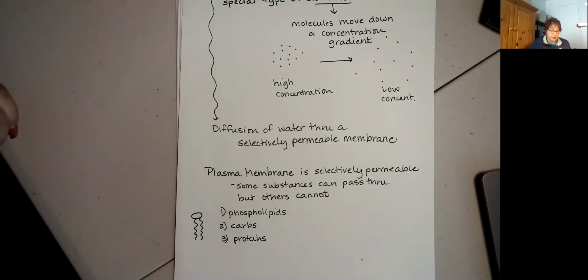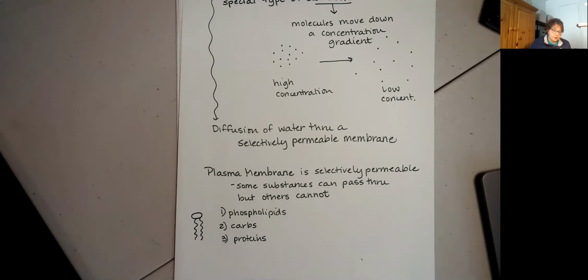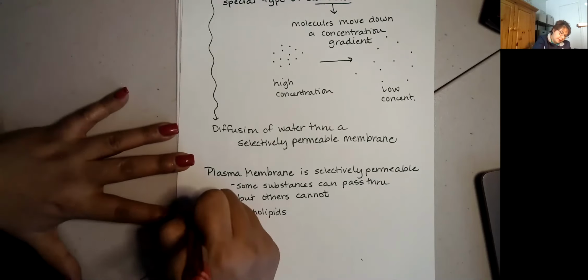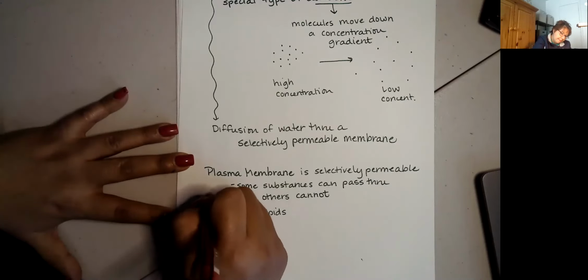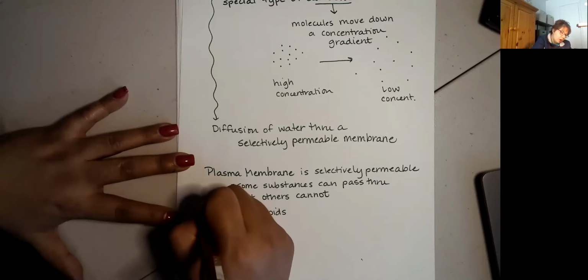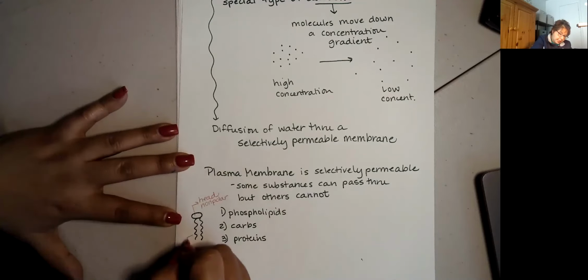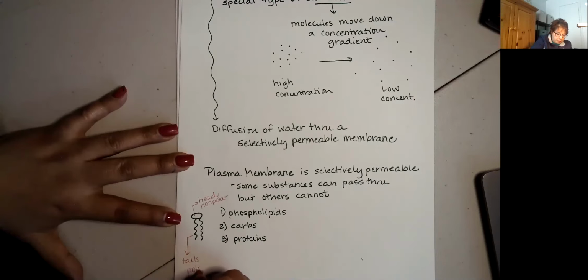Phospholipids are very interesting in that they're the only type of fat that partially dissolves in water. So the head of this fat right here is what we call non-polar, but the tails are what we call polar.